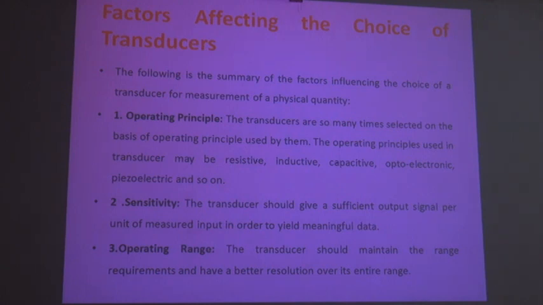So the range of the transducer should be such that the requirement of better resolution is met for the entire range. Better resolution is given by the higher operating range. So the operating range of any transducer must be high.